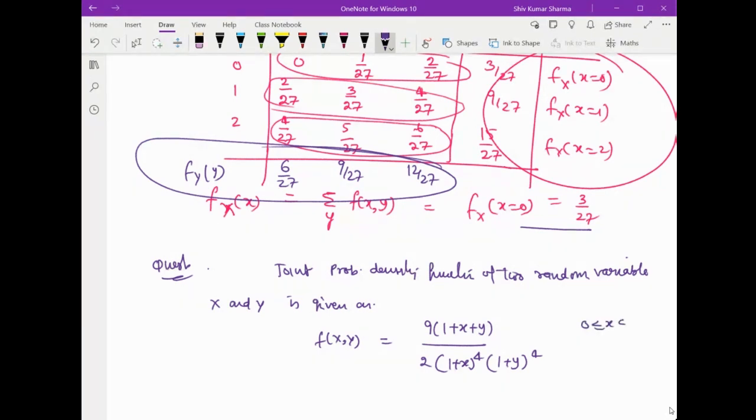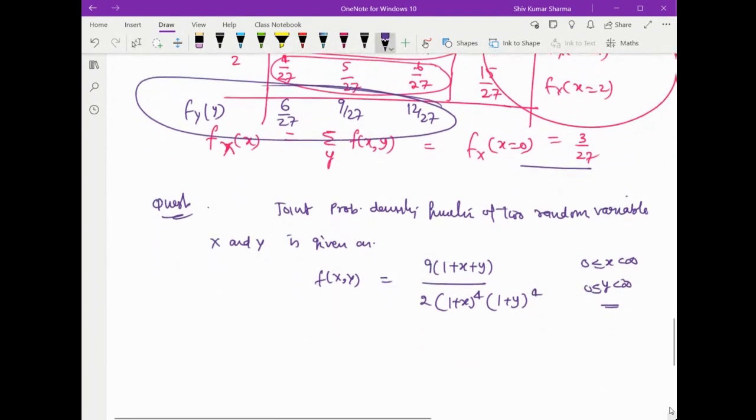And the limit of x is 0 to infinity, and correspondingly y also 0 to infinity. So find the marginal distribution of x.